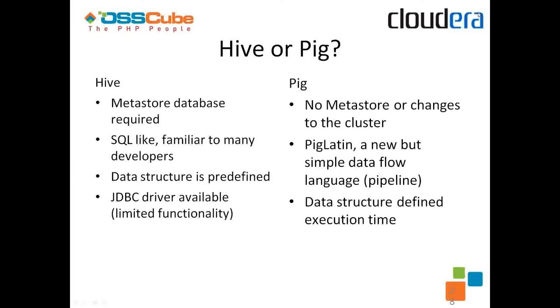If you go for Hive, you need to keep in mind that Hive uses a Metastore database, which is fine if you run alone and you have your own Hive database and nobody else uses it. But as soon as you want to share your Hive database with other people, and it needs to be a bit more available, then you have quite a bit of sysadmin overhead that you need to take care of, and you'll be putting more workload on your sysadmins, which they generally don't like.